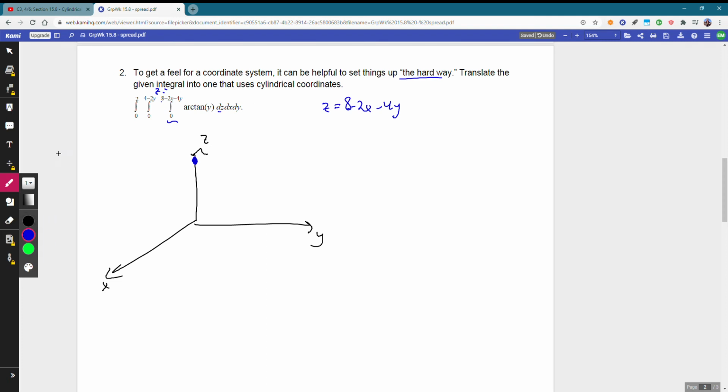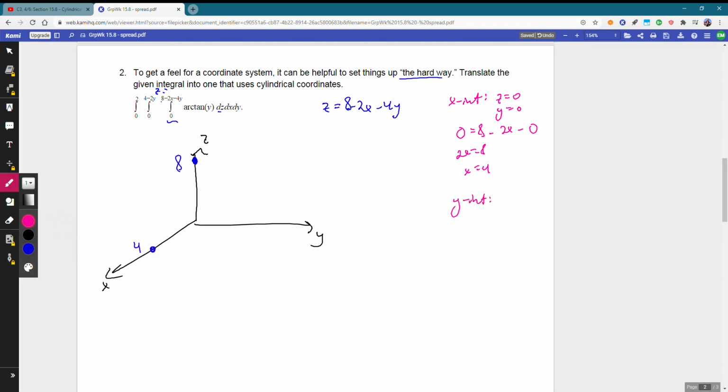If we want our other two axis intercepts, we can quickly find those. To find the x-intercept, we set z equal to 0 and y equal to 0, and it looks like x is going to be 4. So 8 up here, 4 over here.